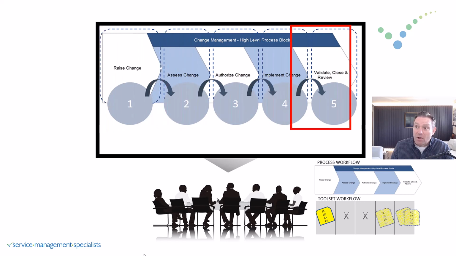Move through each of those blocks, understanding what you currently do within that current state. And by the end of this exercise or workshop, you'll have an understanding of exactly what you do within each of those blocks.